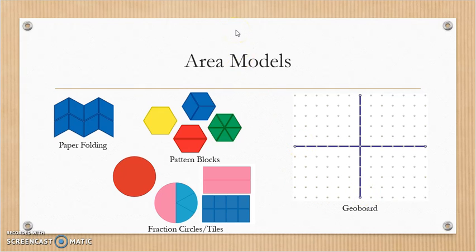So in order to model the fraction 4/6 using an area model, students would first need to divide their whole into 6 equal parts. This could be done by folding a sheet of paper into thirds and then folding the thirds in half. Obviously, that would be a skill that students would need experience with.